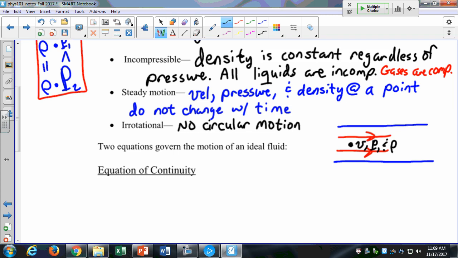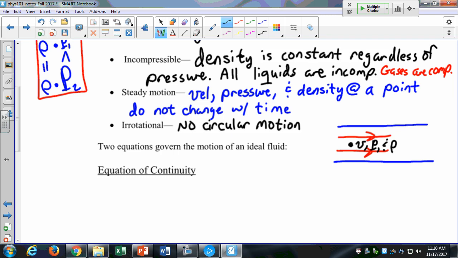Water in your toilet, ideal fluid? Is that an ideal fluid when you flush your toilet? Is it ideal? No, it's not. It's rotating like crazy. Okay, so no circular motion. So we're talking about flow of a fluid that is steady. It's a liquid, not a gas, and it doesn't go in circles.